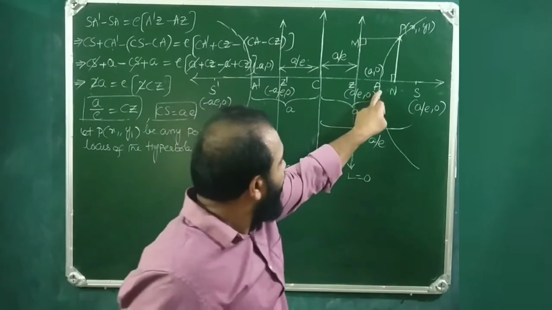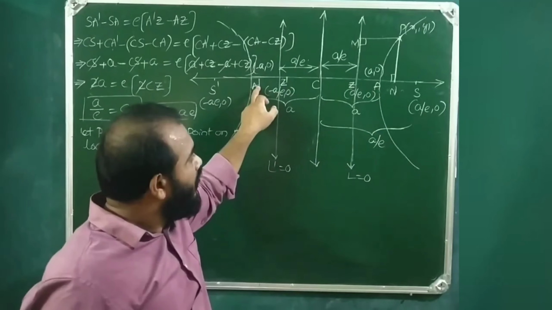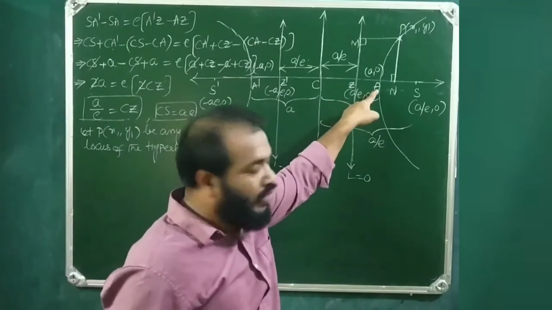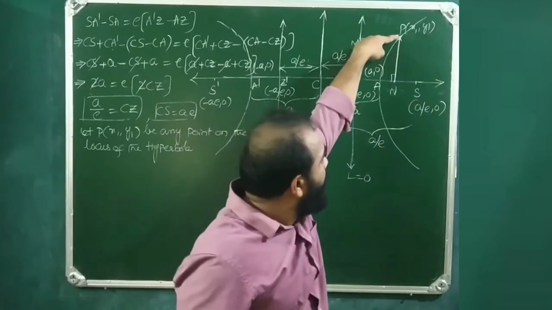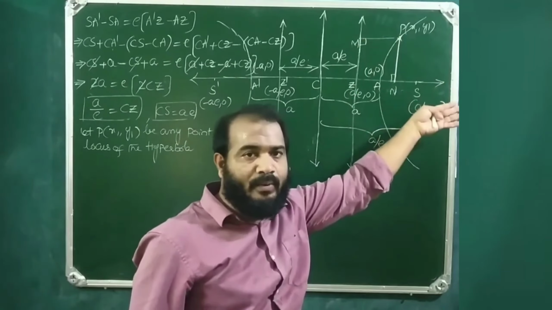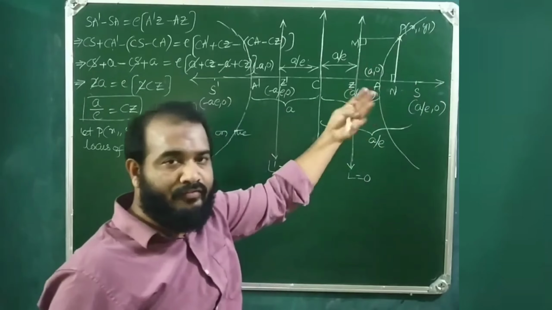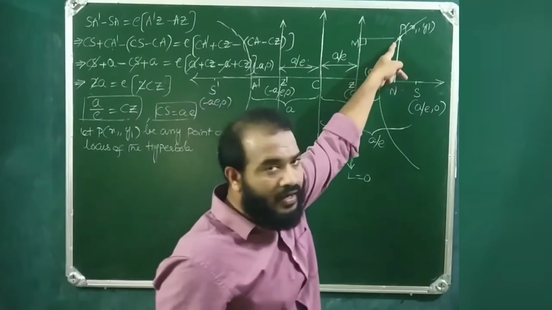So like A and A dash lie on the hyperbola, therefore we have used the definition. In the same way, P is also a point on the hyperbola. Can we apply the definition for this P as well?